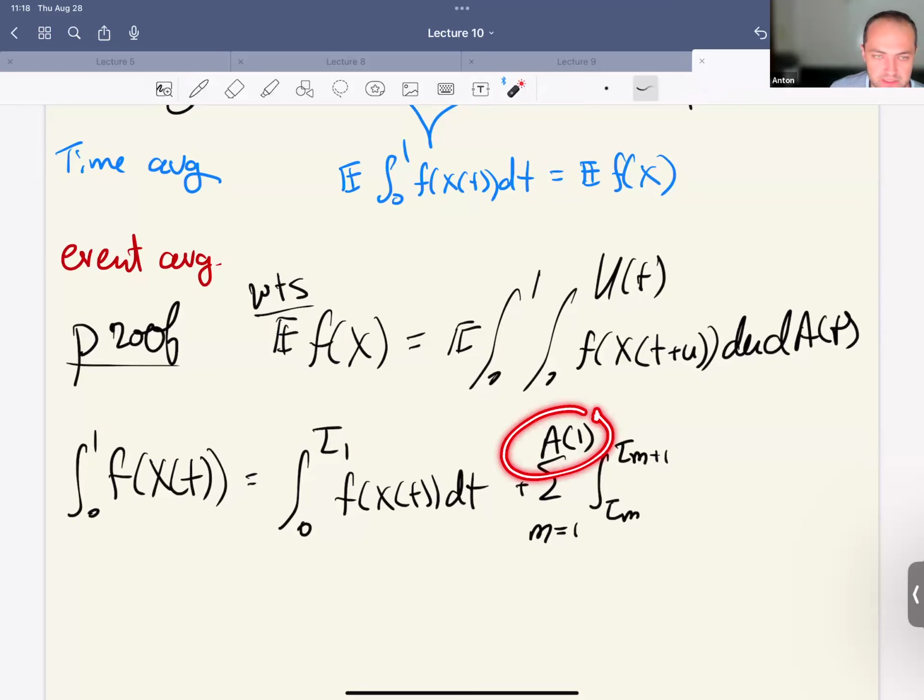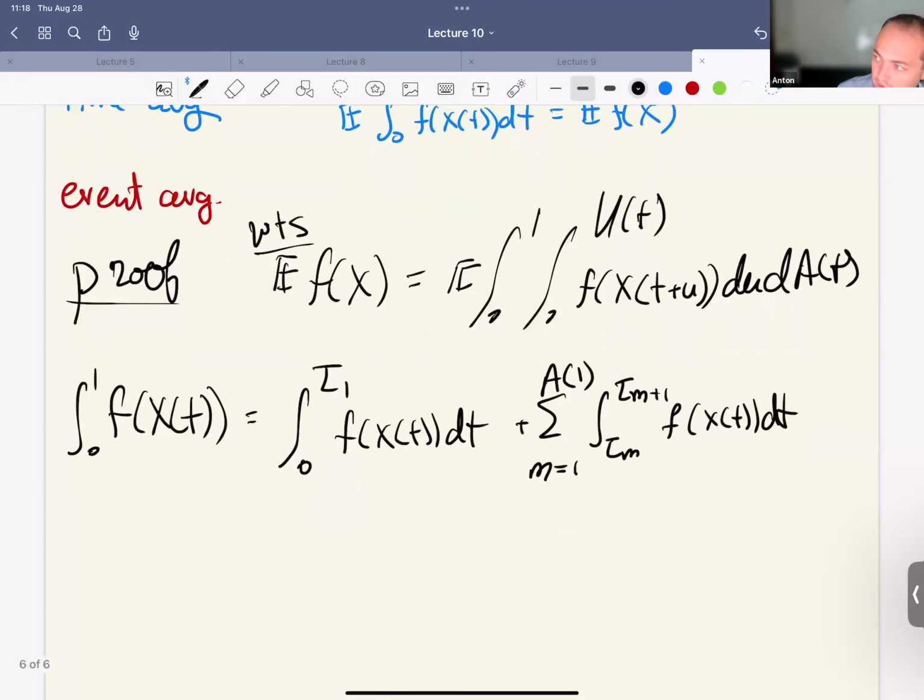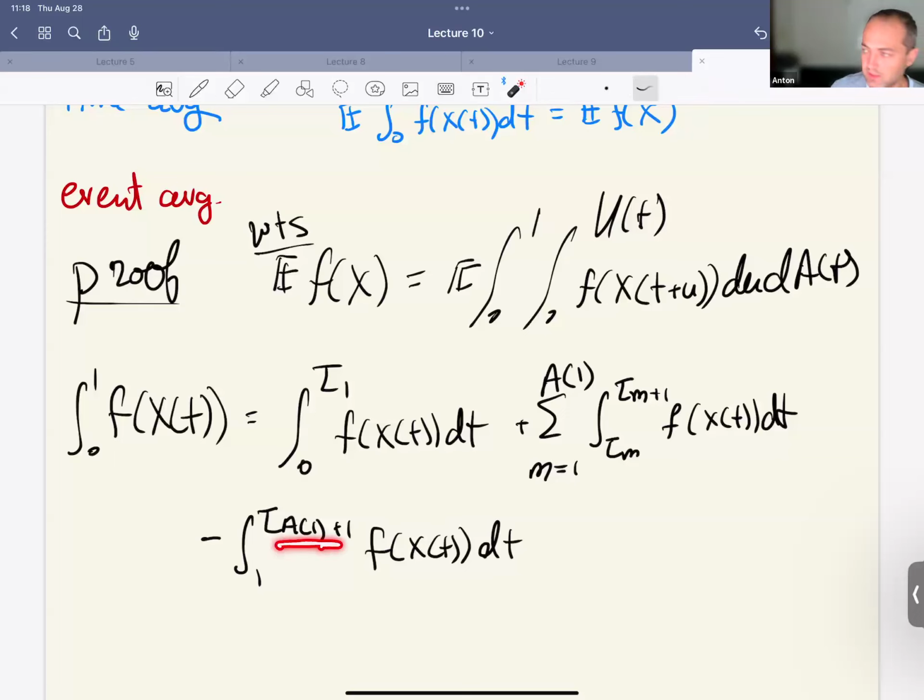Just imagine that A of 1 is equal to 10, or some positive number. f of x of t dt, and minus the integral from 1 to tau A of 1 of f of x of t dt. So tau of A of 1 is basically the time of the last arrival prior to 1.